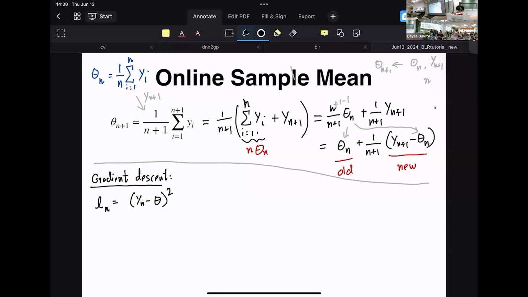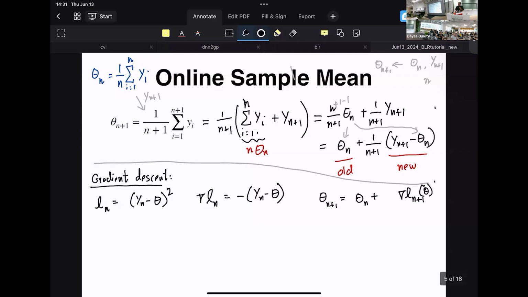And then if I take the gradient of this, I will get that, right? So the gradient descent algorithm would not be this, but you can write this update in terms of the gradient, right? So this is the gradient at n plus 1, and I omit that it's evaluated at theta n.